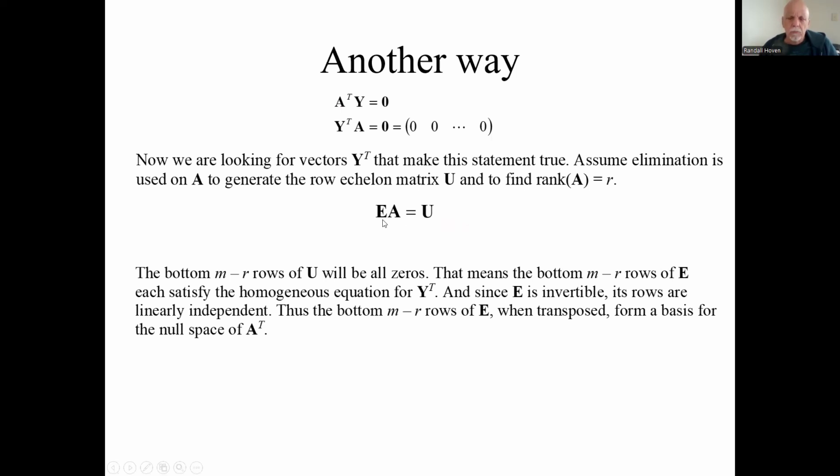That means, because remember, when I have a product, A times B equals C, every row of C comes from a row of the front thing.